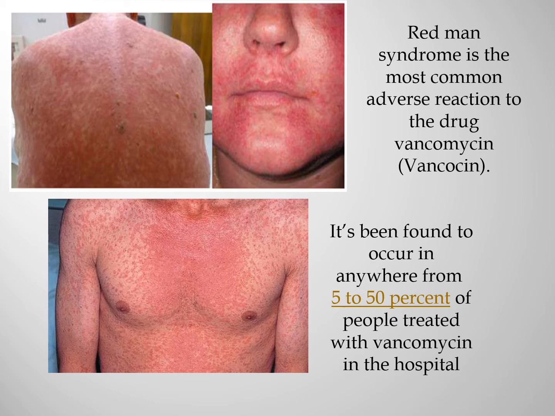So what to do with this particular reaction? Well, stopping the vancomycin and definitely checking vital signs is a good idea. Giving diphenhydramine as an antihistamine to treat the itchy rash. And then consideration can be given to restarting the vancomycin at a slower infusion rate.